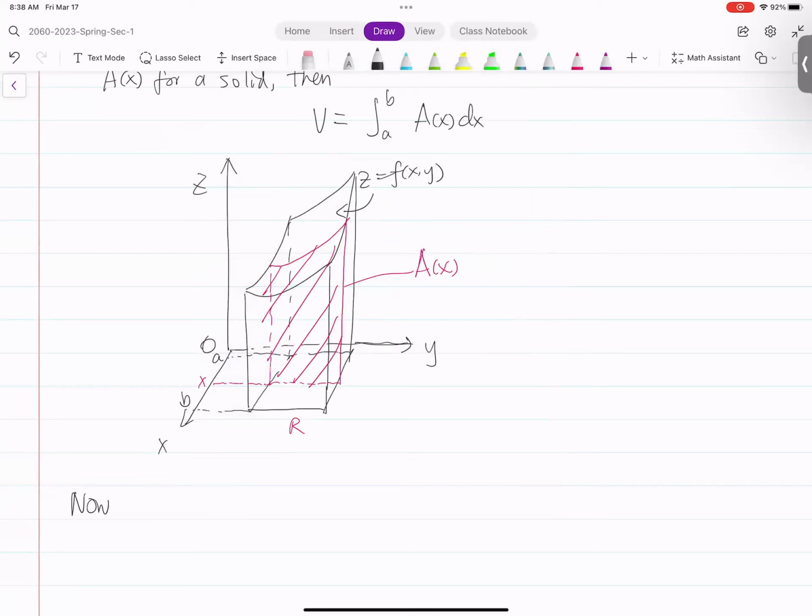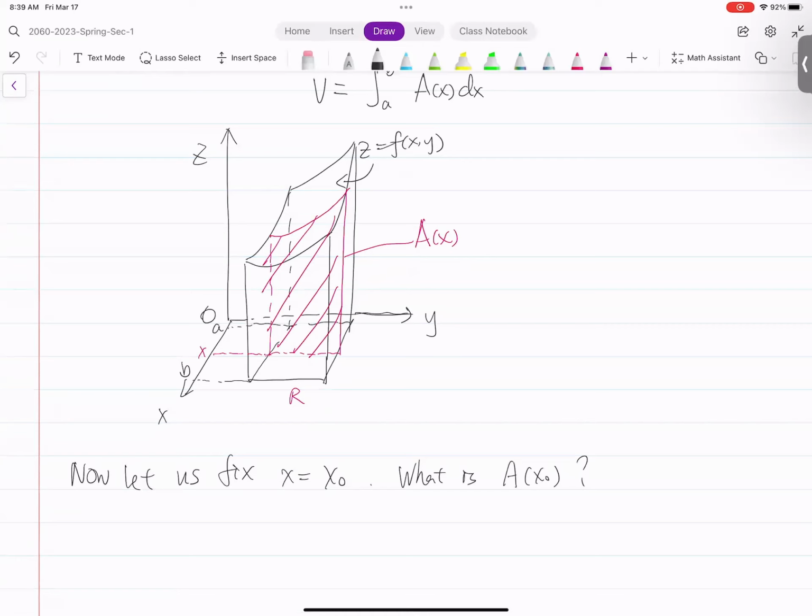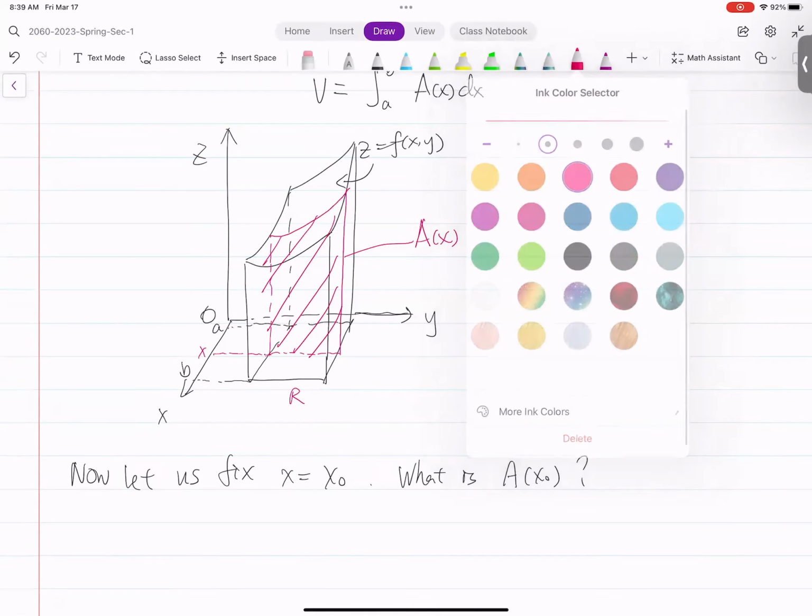Now, let us fix x equals some x0. What is A of x? Intuitively speaking, A of x0 is just the area of the region. But now, actually, it's the area under a curve.